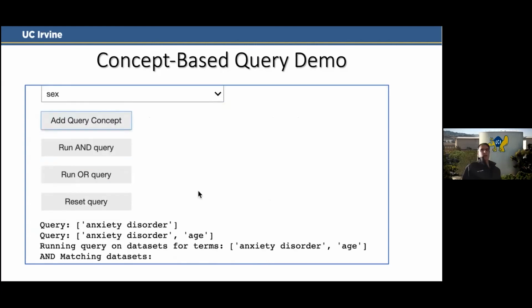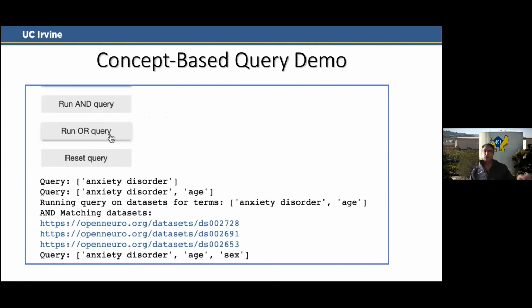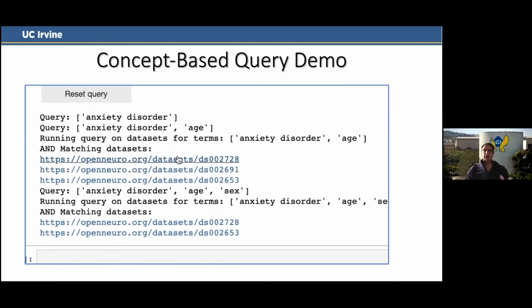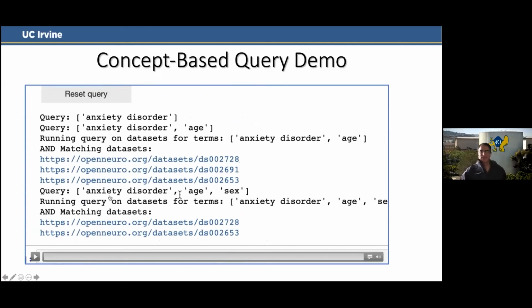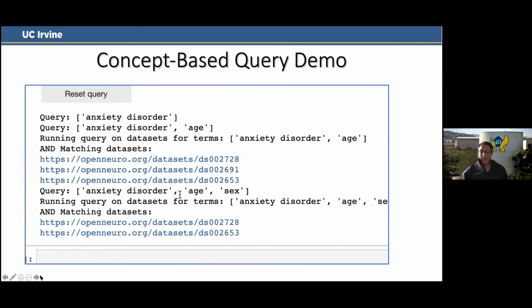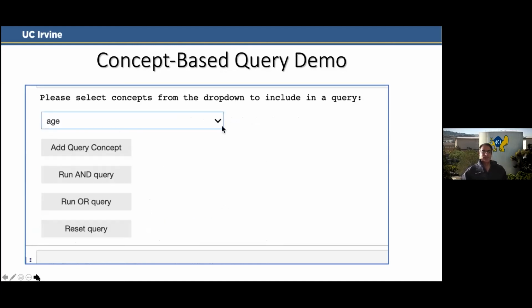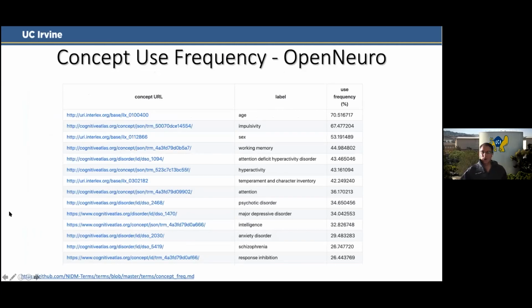And of course, we're going to be concerned about gender too. So we'll add that to our query, and we find 2 such data sets, which is kind of disheartening, because you might expect to find more, but these are 2 data sets with these measures. And so from that work, we can look at the frequency of concept use amongst these OpenNeuro data sets.